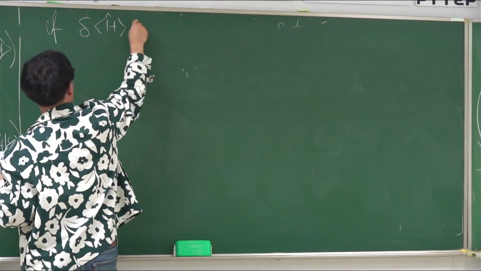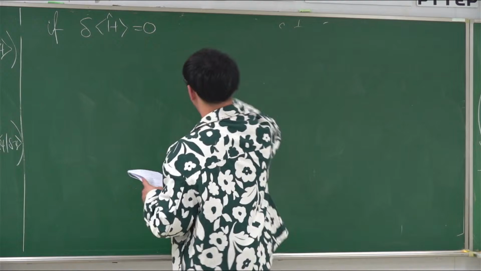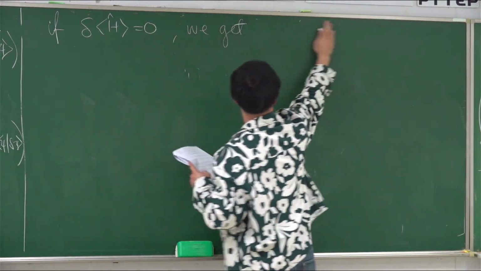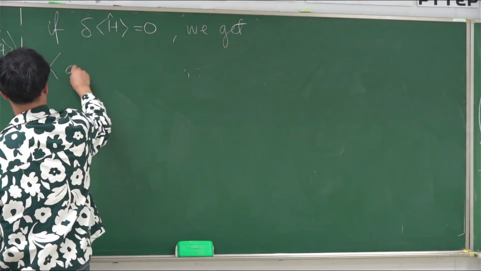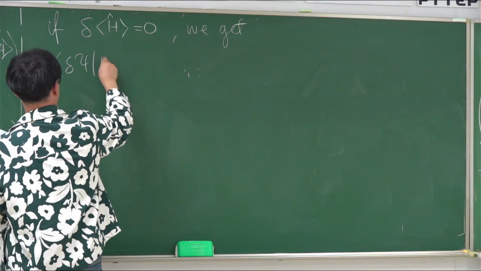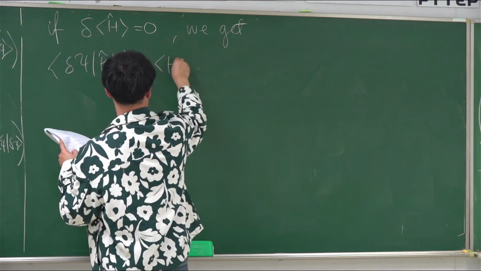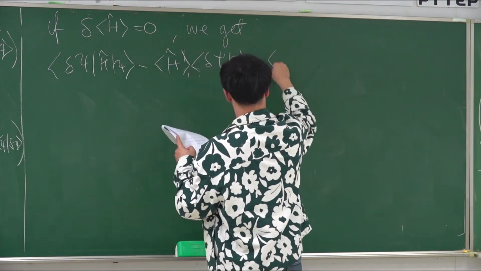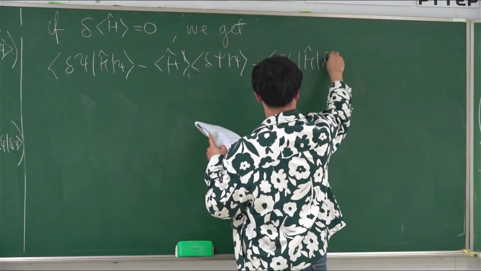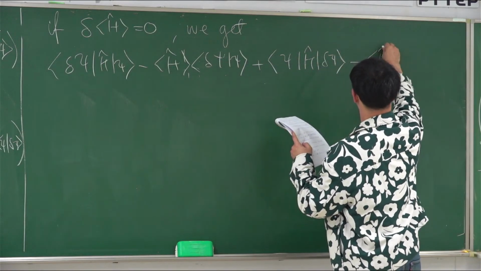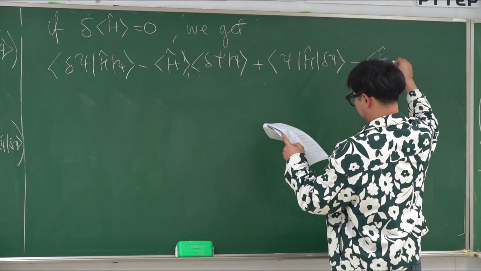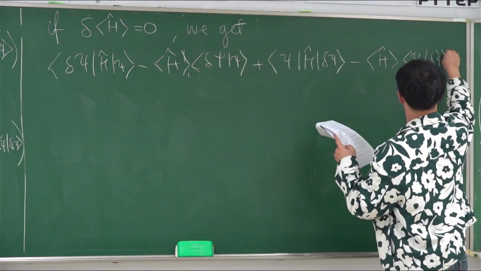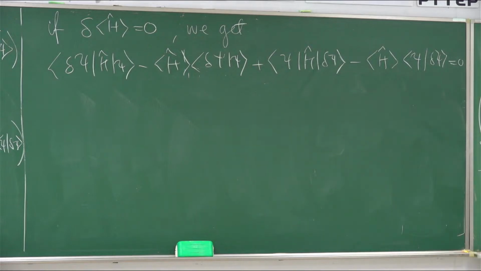So if it is 0, we get this, we have this condition in the case that this delta E, right?